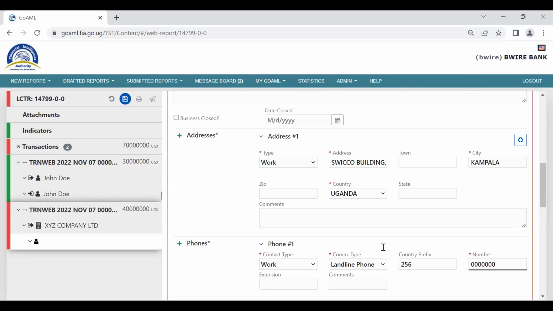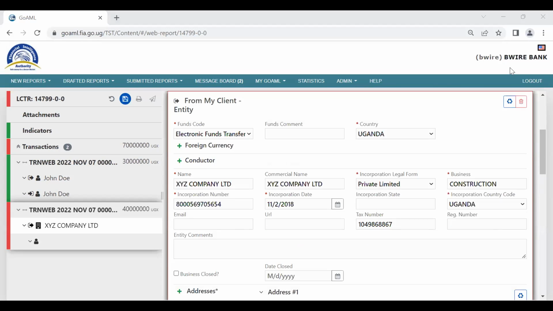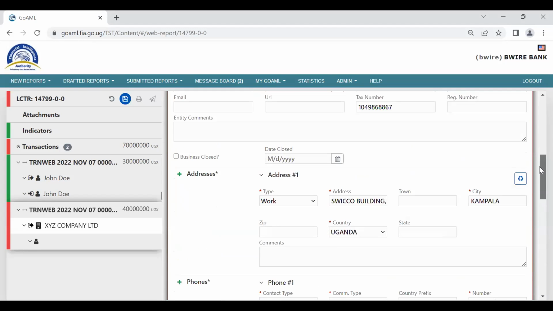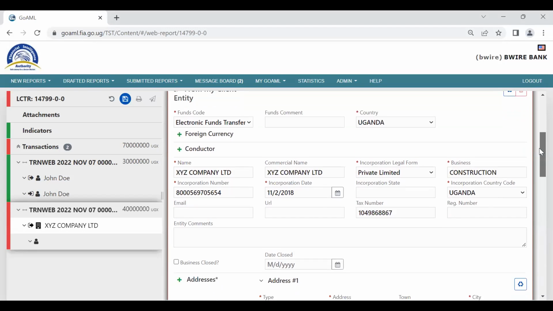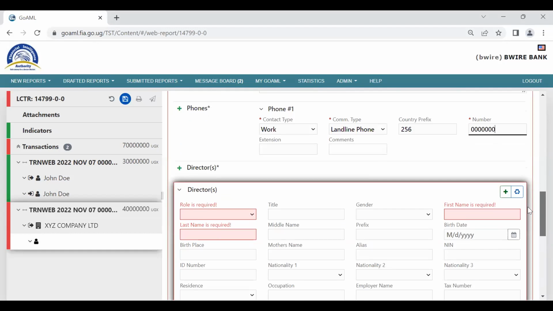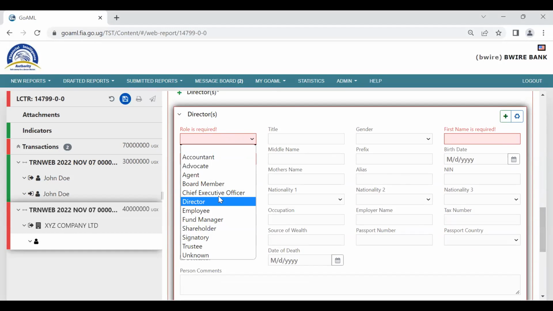Okay, so that is it on the company. Now you'll notice we need a bit more detail if this company is trading with you, up to the level of even the director's information. Apart from capturing the company details, address, and phone information, we expect you to have detail on this company, so we need you to capture at least one of the directors' information.